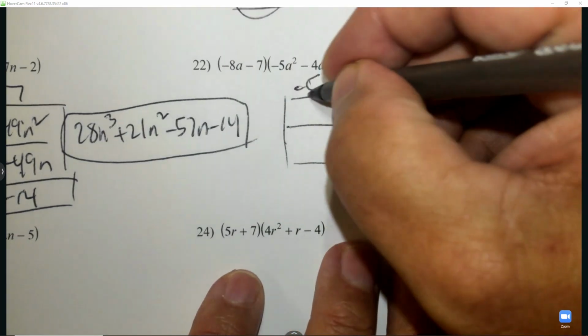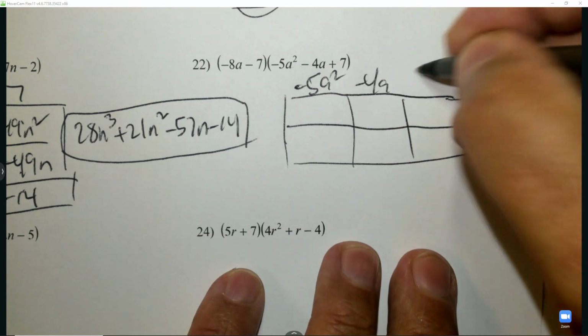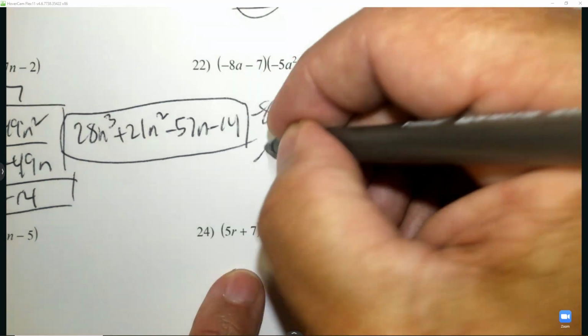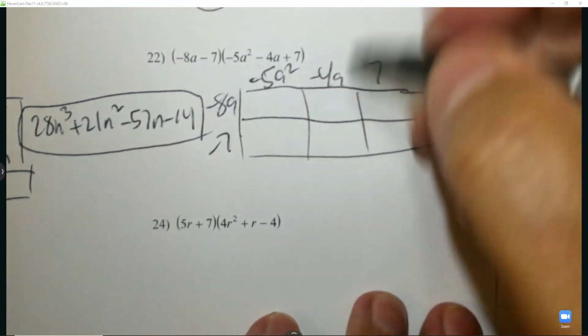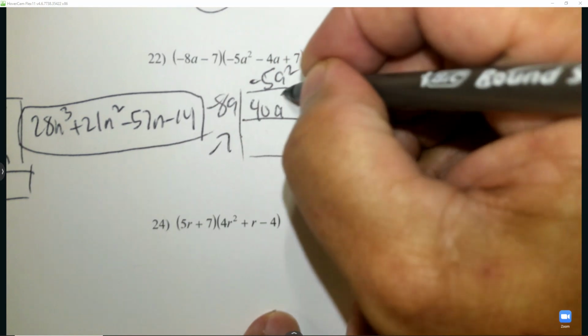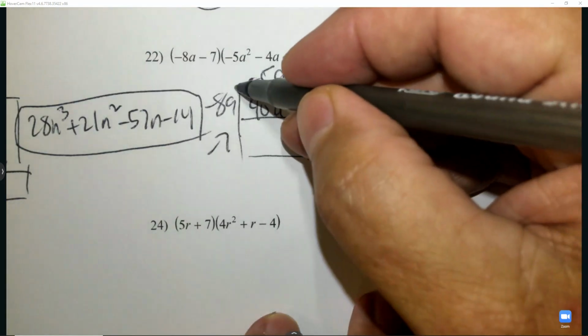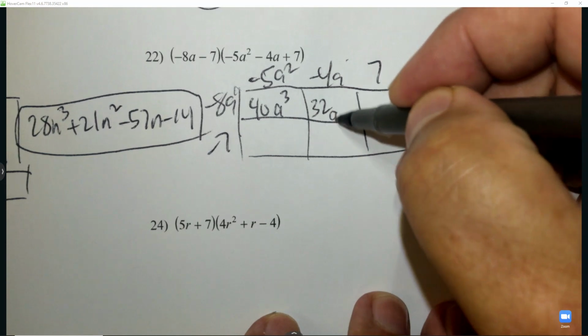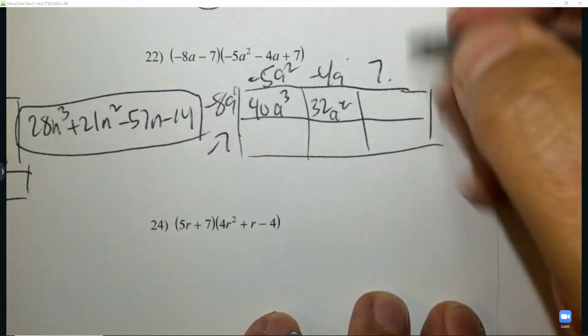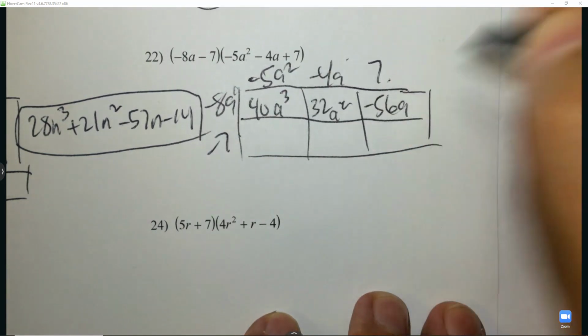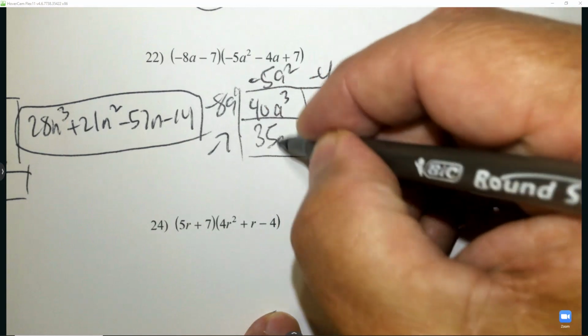Then I'm going to put the trinomial on top, what is this? The binomial on the side, multiply. Make sure a negative times a negative is positive, add the exponents, multiply, multiply.